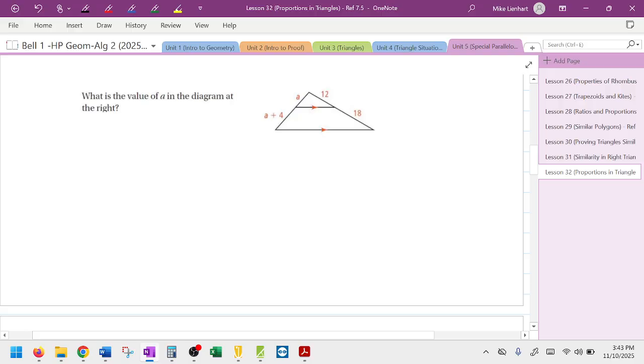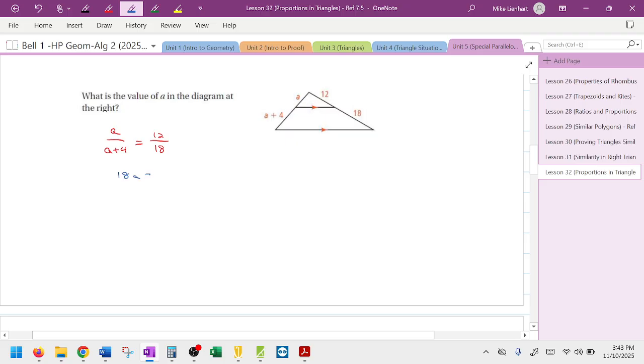All right, similarly, I recognize these two sides are parallel. That tells me that parallelism splits these two sides into a proportional relationship. So I know that a over a plus 4 has to equal 12 over 18. I could simplify. I'm just going to go ahead and cross multiply here.